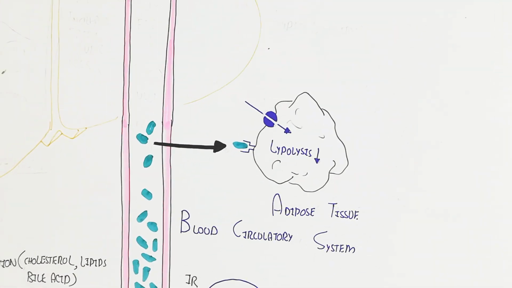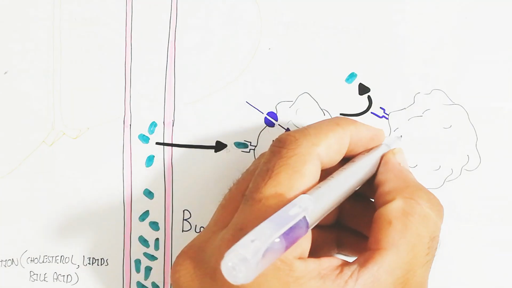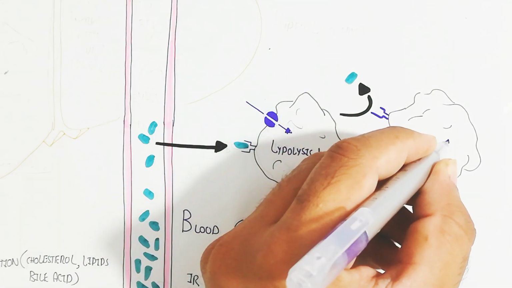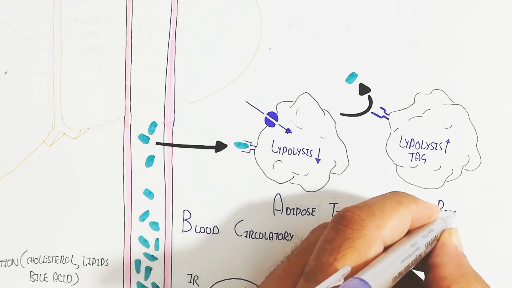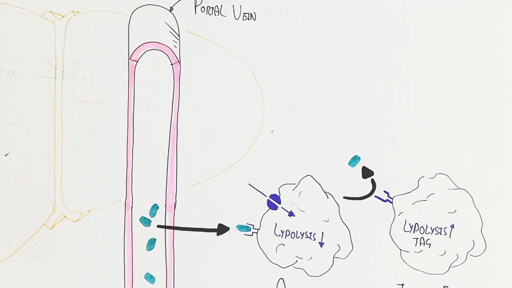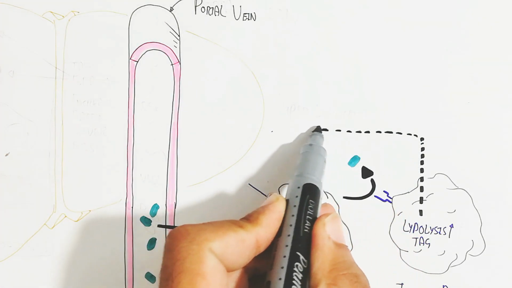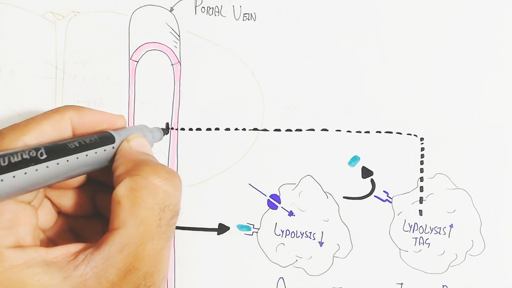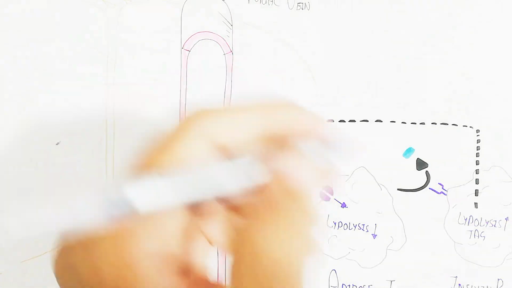But in this case, the pre-diabetic person will develop obesity. With insulin resistance, the insulin will not bind with the insulin receptor in the adipose tissue, leading to hyperglycemia, and glucose will not be used, while lipolysis will increase to produce triacylglycerol, triglycerides, as well as free fatty acid, leading to hyperlipidemia.